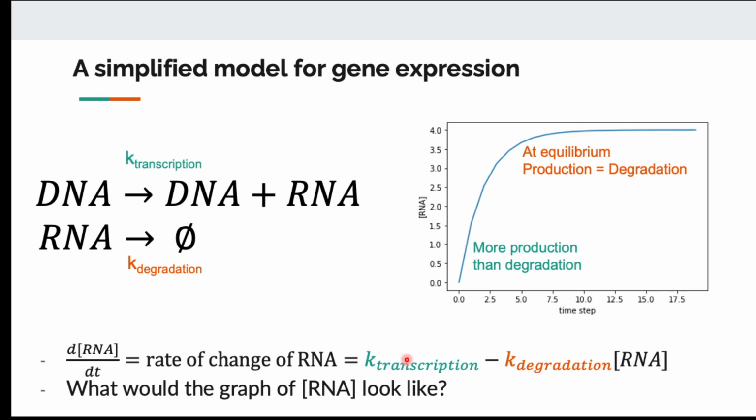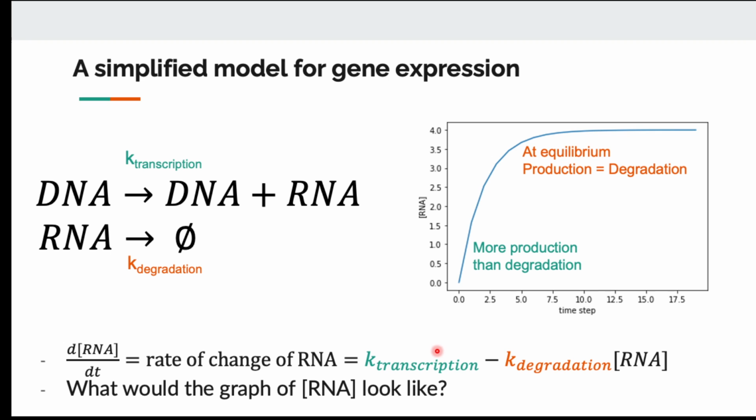It's going to be some production rate, a constant, subtracted by a certain percentage of the molecules that will be degrading over time. And when we combine these two effects, the graph will look like this. The constant production, we know, is going to give rise to a linear increase, like a line. But the degradation as a percentage is going to give us an exponential decay.